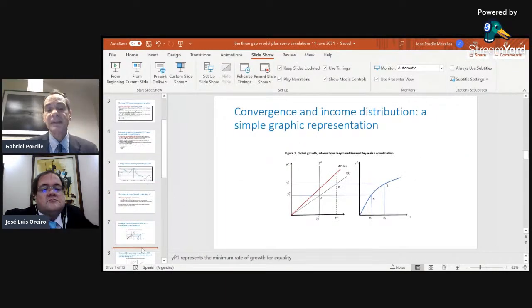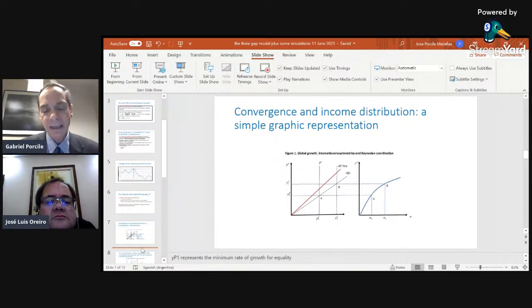This is a graphic representation of the model I'm discussing here. You have on the left, on the x-axis, the rate of growth of the center. On the y-axis, you have the rate of growth of the periphery.